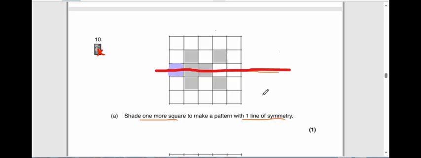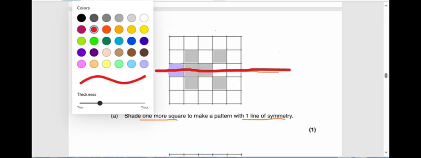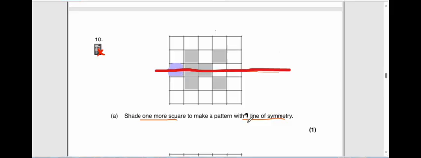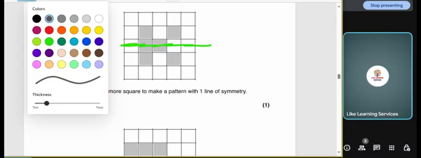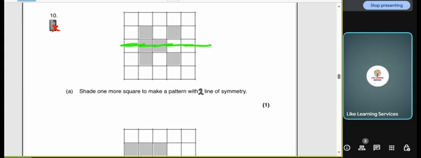Now what about if they want it to have 2 lines of symmetry? Assuming this question is now changed to 2 lines of symmetry, what will it be? Shade one more square to make a pattern with 2 lines of symmetry.